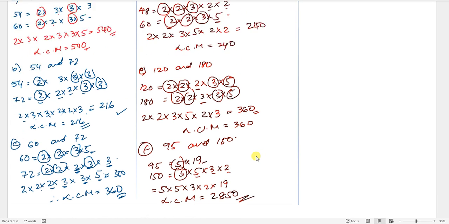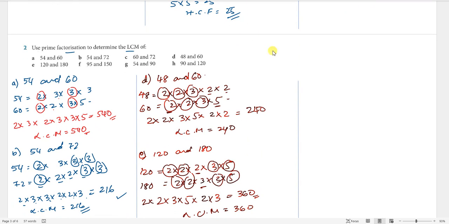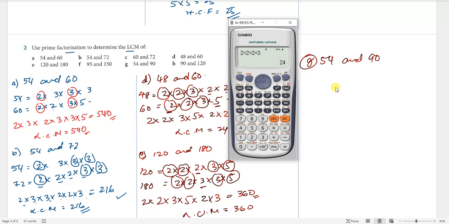Okay. We have G, 54 and 90. For this sum, I'm going to show you using the calculator again, in case you're not clear with the concept. So we have 54 divided by 2.